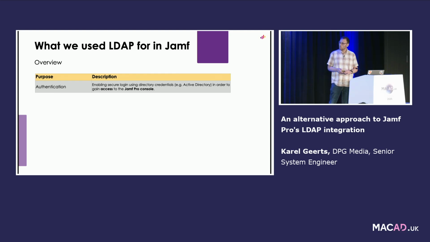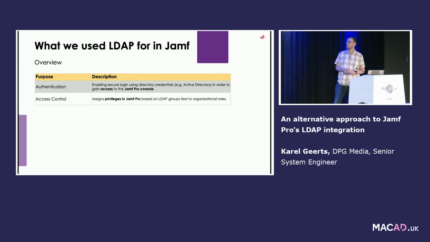So now we have access to the Jamf Pro console. We've got to get permission to do stuff. So we use LDAP groups to give privileges to, for example, the service desk, which has only read privileges, and our team has a little bit more permissions.